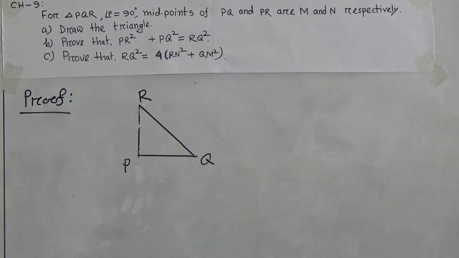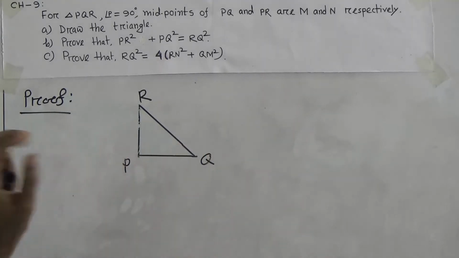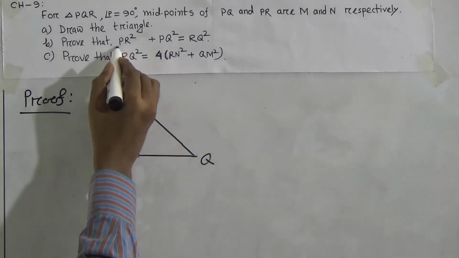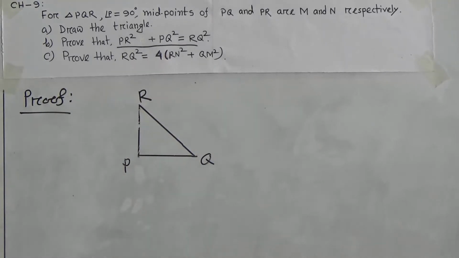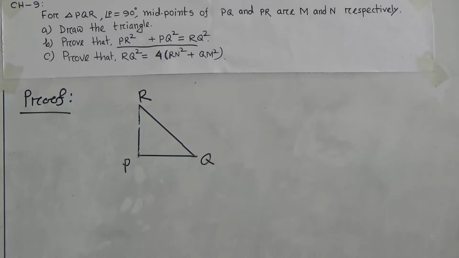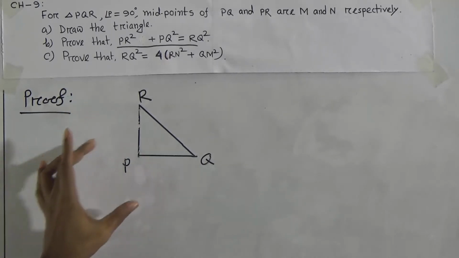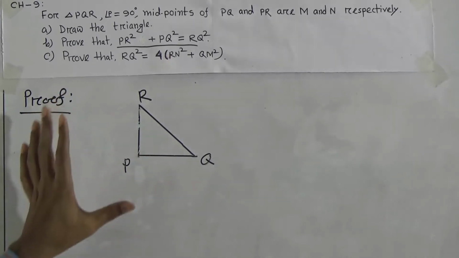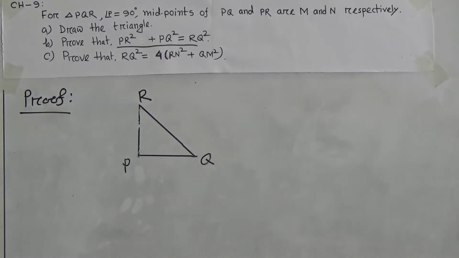Do you understand? You do not have to apply the midpoints M and N in PQ and PR, because you see the question, there is no relation between M and N. So I didn't mention M and N here. Okay? In this way you have to understand what type of drawing we need to prove this. Okay? You have to consider this, otherwise you cannot prove properly.